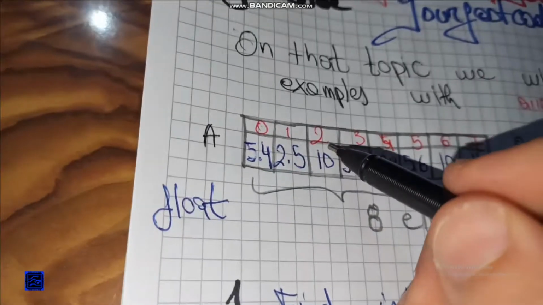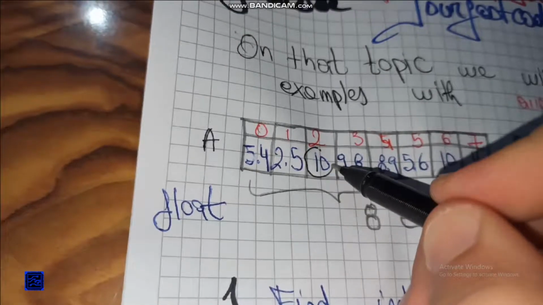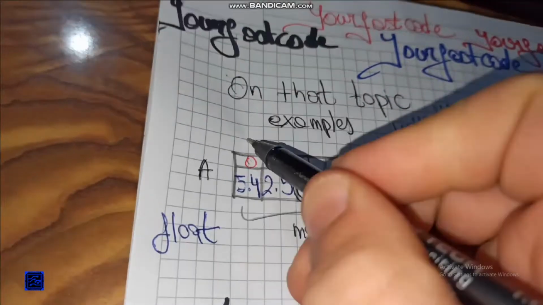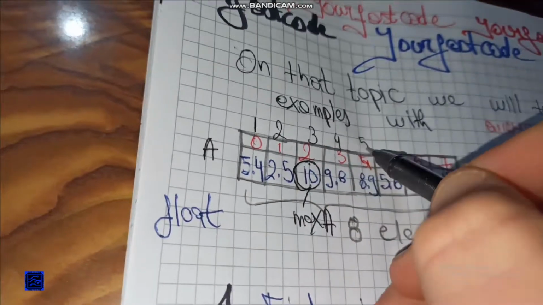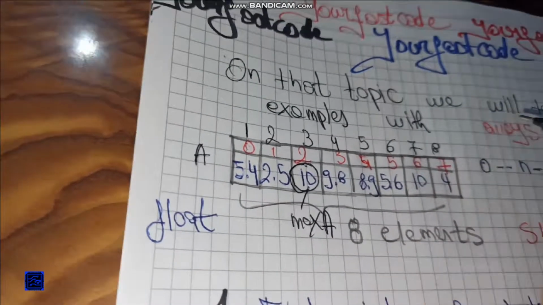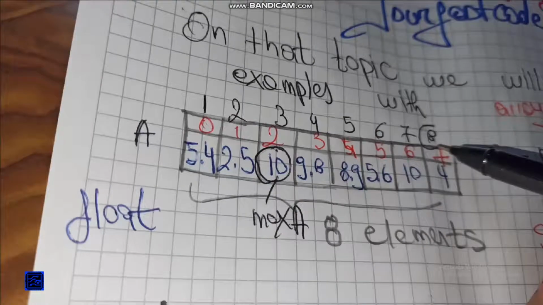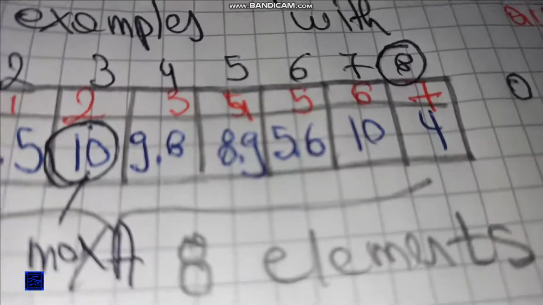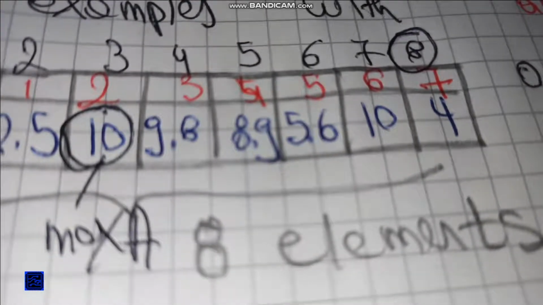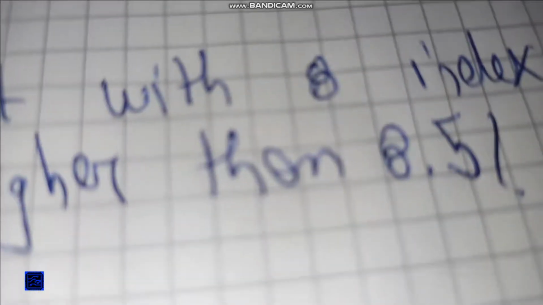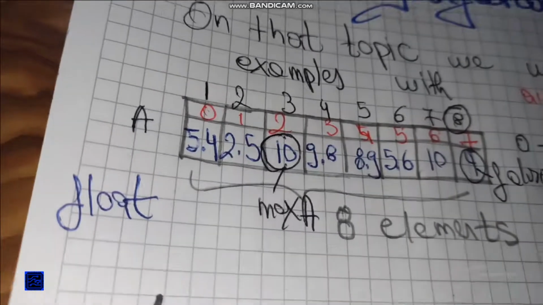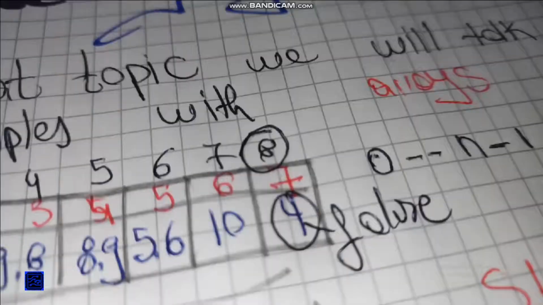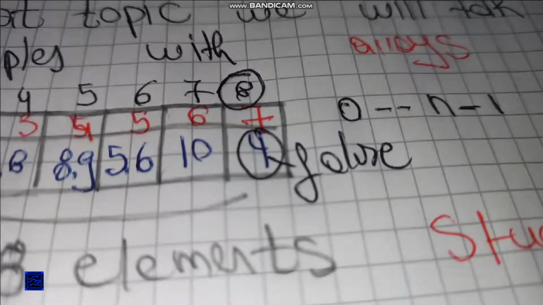The maximum of the array is the student with index 2. We'll go, the students are 1, 2, 3, 4, 5, 6, 7, 8. For the second question, we'll go to student 8 because we can take directly the average of student 8 and we'll say if it is higher than 8.5 it will return true, but we have false here because the student with index 8 has a lower average than 8.5.